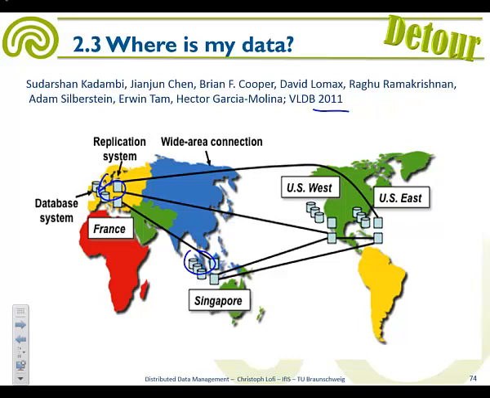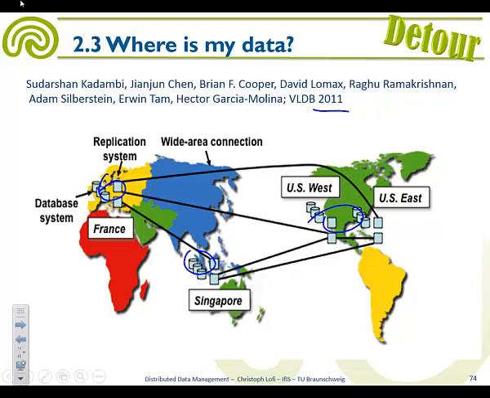Why would I do that? Or if there is a record that I only access in America, why would I have a replica in Europe? So this was the main topic of the framework that they developed to answer the question of where should I put my data. And this is the thing that we would like to talk about in the next few minutes.